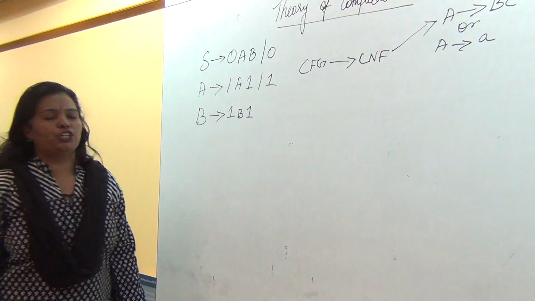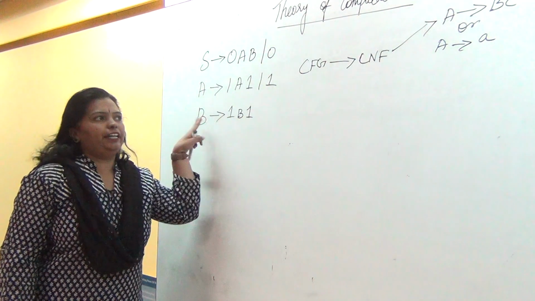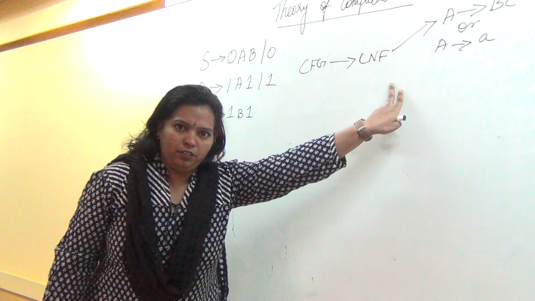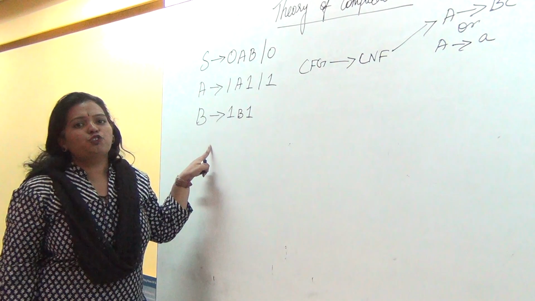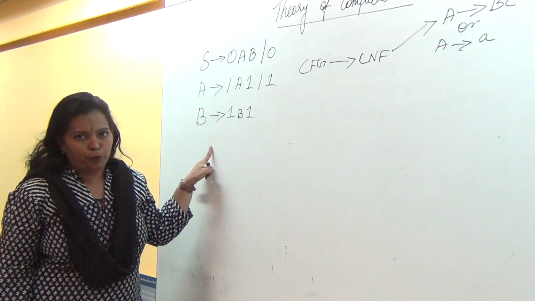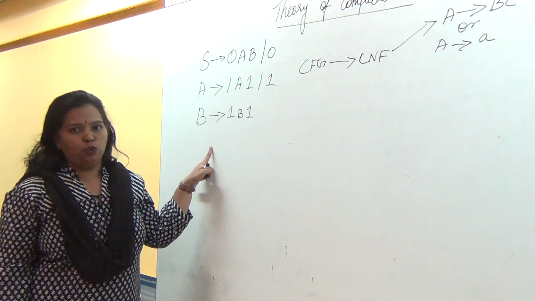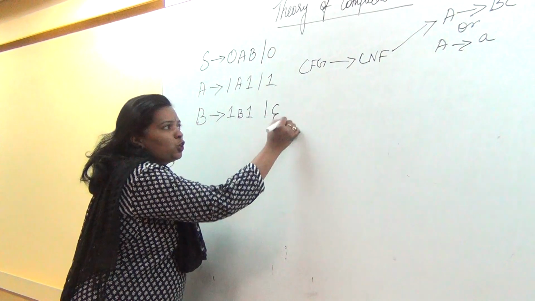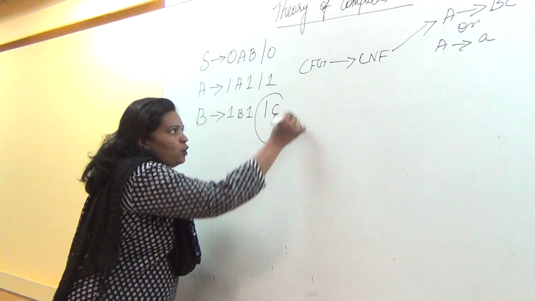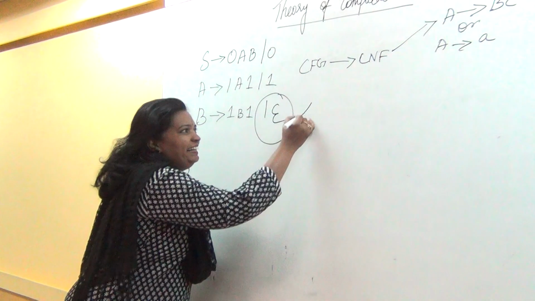Now, what is the procedure to convert any context-free grammar into CNF? First and foremost, in our given grammar, we need to check whether there is any epsilon production or any unit production. Epsilon production in the sense, whether your grammar has an epsilon symbol. If there is an epsilon symbol, we need to eliminate it.